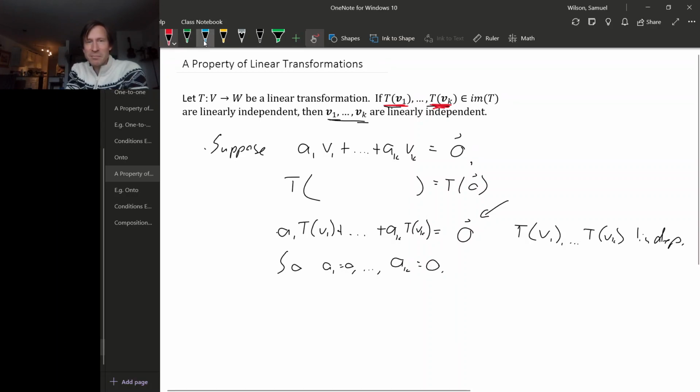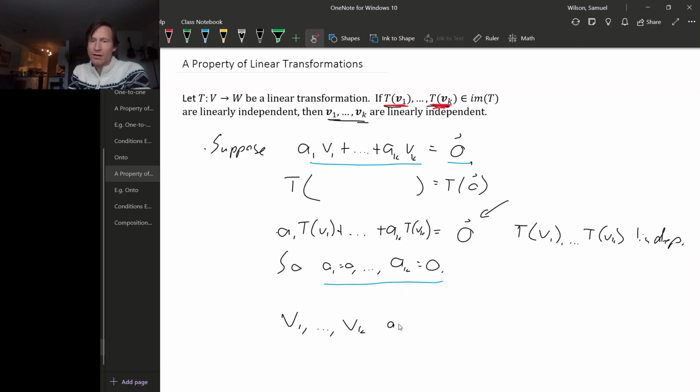So taking a step back, we assumed that we had a linear combination of these vectors equal to 0. We showed it had to be the trivial linear combination. So that means that the v1 through vk are linearly independent. Okay. So if a transformation sends vectors to a linearly independent set, the vectors had to have been linearly independent to begin with.